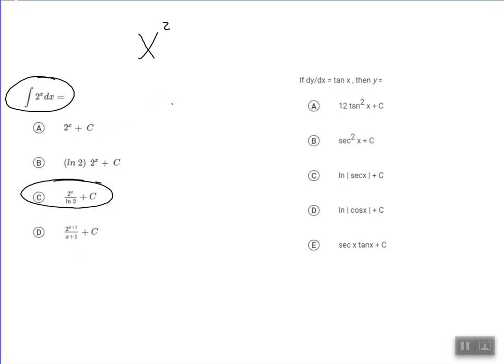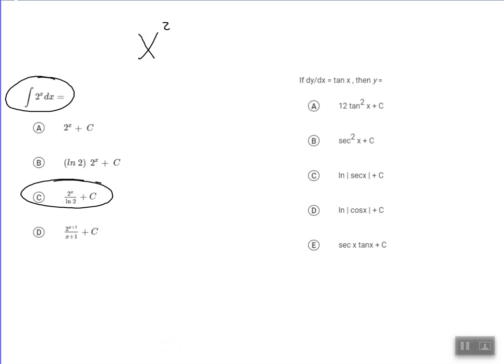The other thing is just knowing all of your trig and arc trig. I'm given the derivative as tangent. So what is the antiderivative, what is y? Once again, this is just one of those things that you have to memorize. Sometimes what helps me is thinking back to AB and thinking about, when I take the derivative of this, I get this other thing.